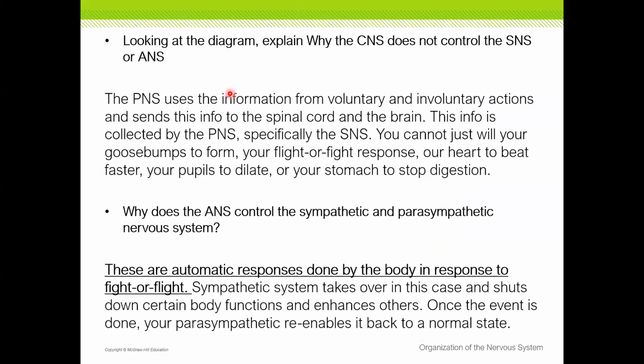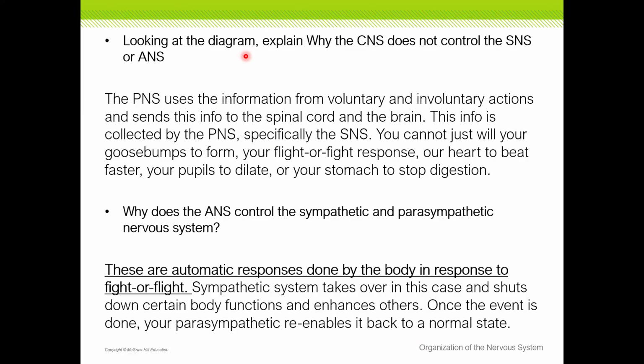Well, one, it's not on the chart, but two, your peripheral nervous system uses your information from voluntary and involuntary actions, and it sends that information out. I can't just force goosebumps to form. I can't activate a fight or flight response. I can't force my heart to beat quicker or my pupils to dilate. I can do things that make my body do this, but that's because it's still activating that system.